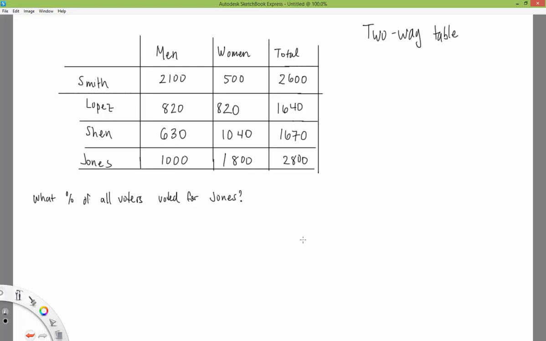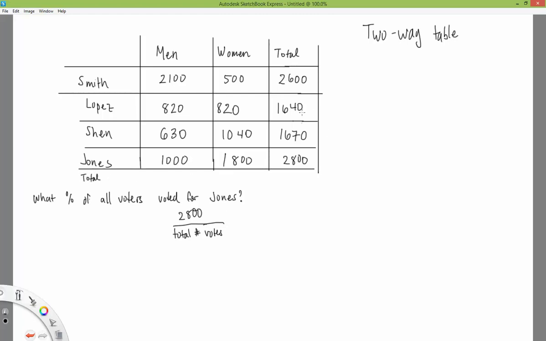We would take this number, 2,800, and divide by the total number of votes. This requires coming up with a total row here, and we would have to add up these four numbers.